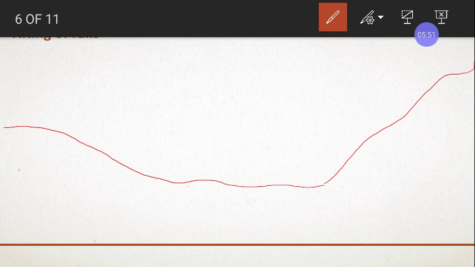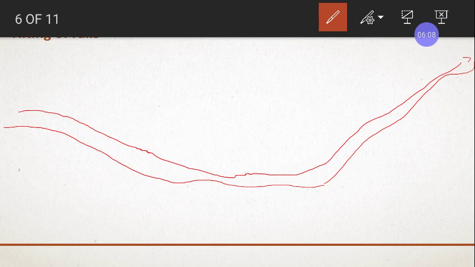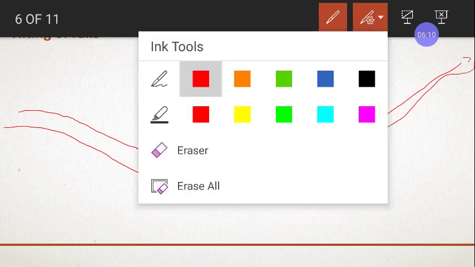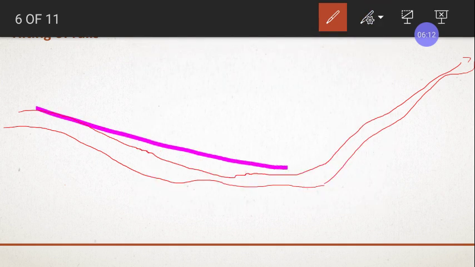When the train moves downwards from here, it will acquire speed and also kinetic force. This kinetic force will help the train to overcome this steep upward gradient.